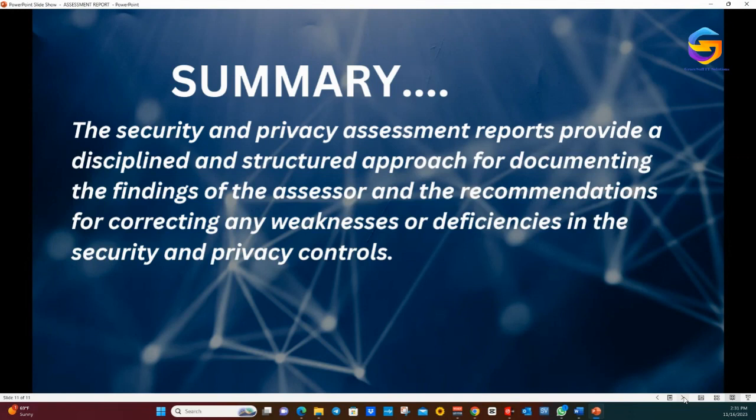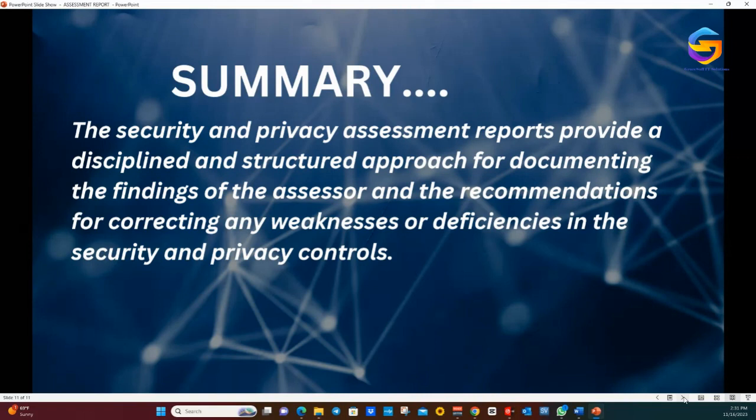That's what it means. So whenever there is any changes, let's say that you are done with whatever needs to be done so far as the system is concerned. You submitted all the necessary documents to the authorizing official, and the system had passed, or we'll say that the authorizing official had accepted risks. It doesn't end there.